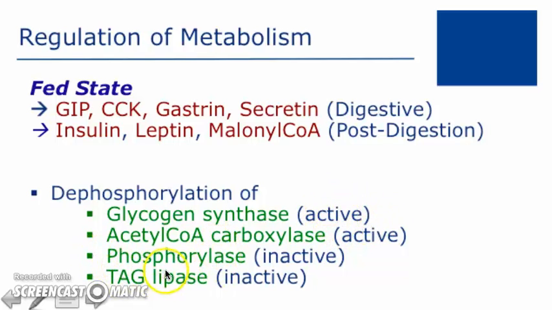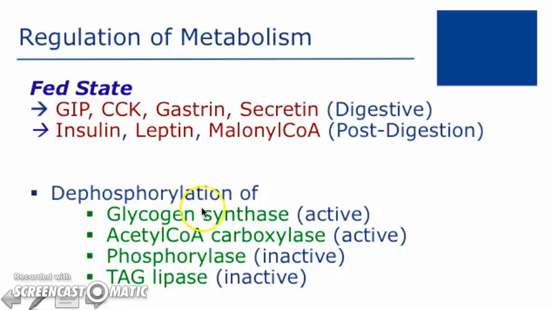Phosphorylase and triacylglycerol lipase, on the other hand, will also be dephosphorylated, but when these enzymes are dephosphorylated, they are inactive. The enzymes promoting anabolic processes when dephosphorylated are active, whereas the enzymes promoting catabolic processes when dephosphorylated are inactive.